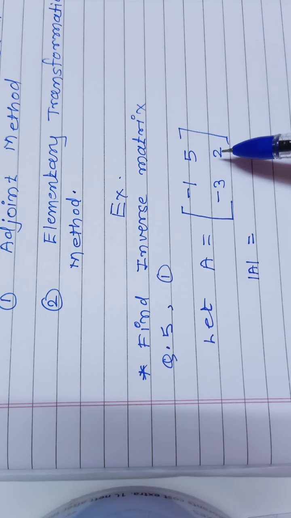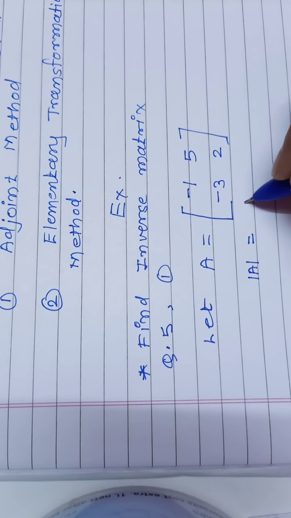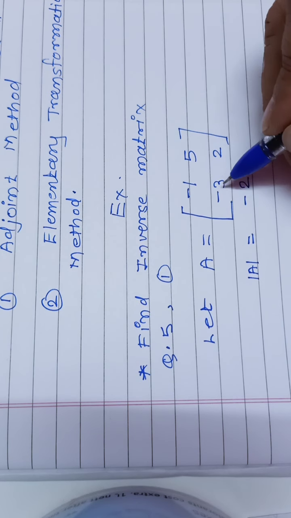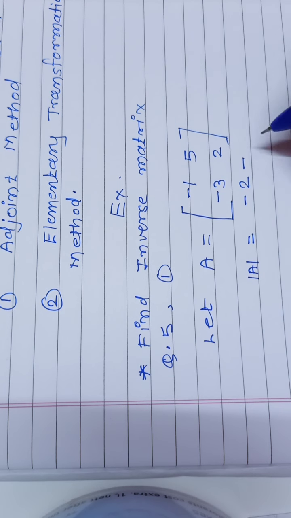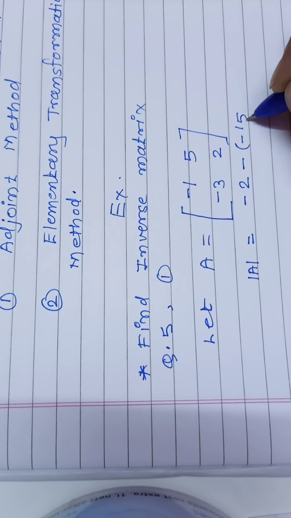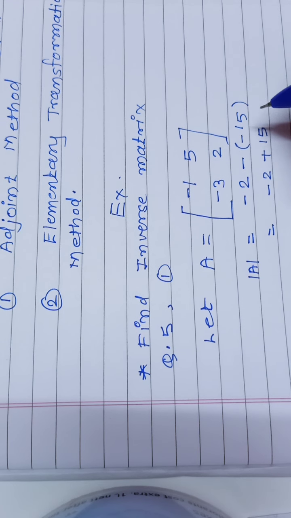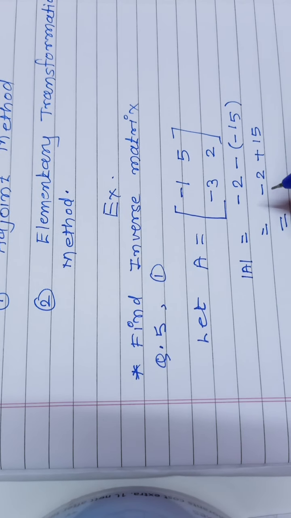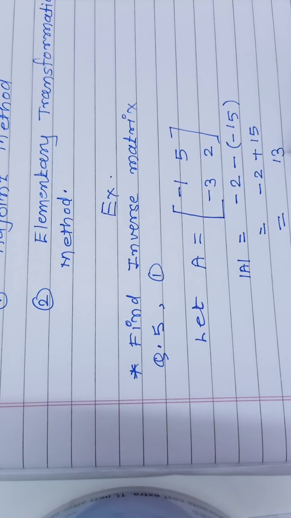So minus 1 twos are minus 2, minus minus 3 fives are minus 15. So which is equal to minus 2 plus 15, which is equal to 13.